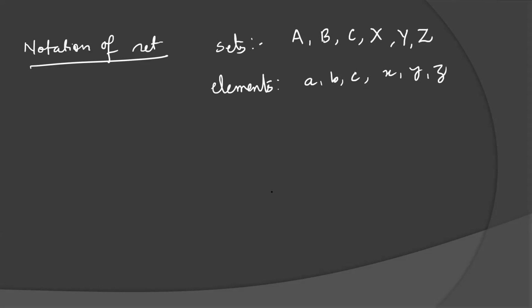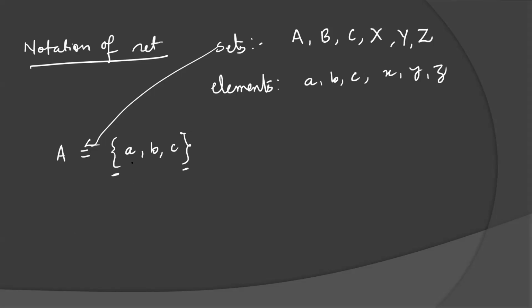This is the notation generally we follow according to the standard books. And for writing the set, we use the curly bracket. Suppose A is any set which has three elements a, b, c. Here a, b, c are the elements, and the curly bracket is the notation for a set.